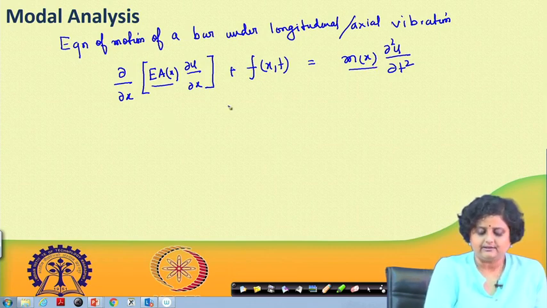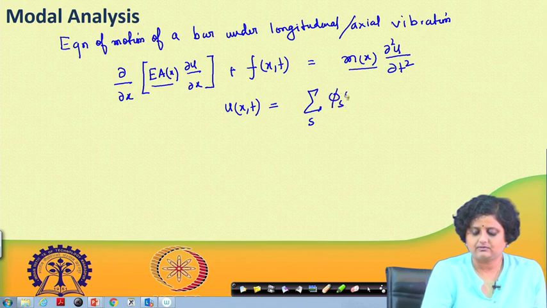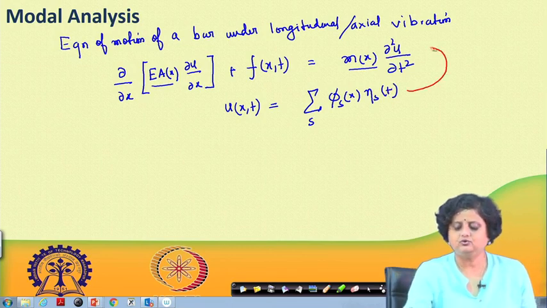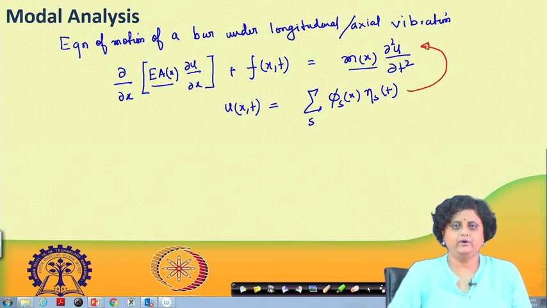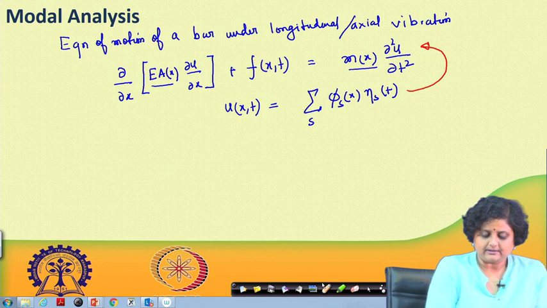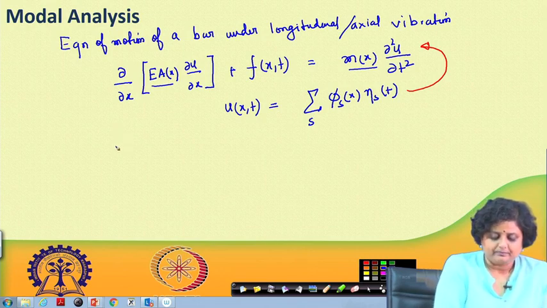If we write u x t using modal expansion theorem as summation of s and then plug this into this equation, what are we going to get? Let me see what we are going to get. So, let me plug this in. So, I will get d dx.